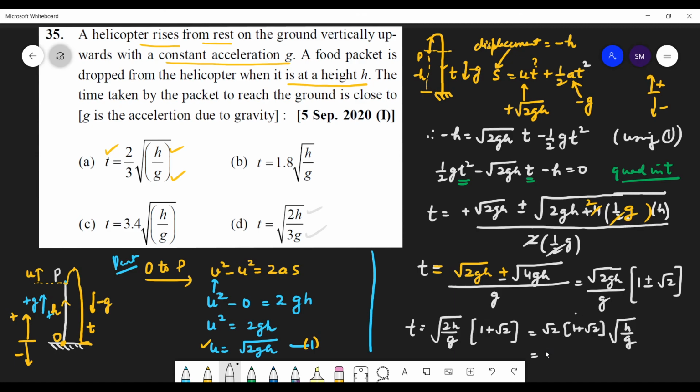So that's √2 plus 2, right? Yes, h by g, √2 is 1.414, so 1.414 plus 2, so 3.41 under the root h by g. Yes, so finally which one is the answer, students? Yes, which part? C option.